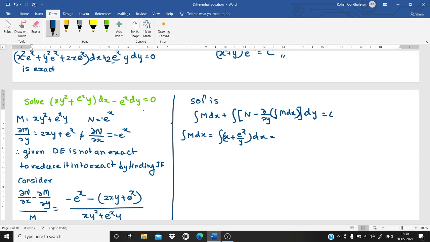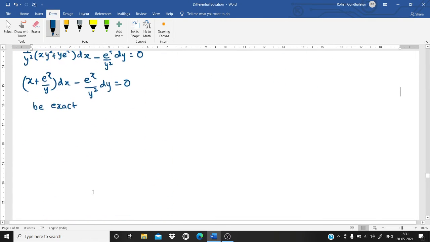X plus e raised to x upon y, integration with respect to x. So the first term is x, whose integral will be x square upon 2, plus in the second term 1 upon y as it is, integration of e raised to x is e raised to x. Fine. Now integral of n minus del by del y of integral m dx, and further is integration with respect to y. So what is n? In this case, n is minus e raised to x upon y square. Have a look here.